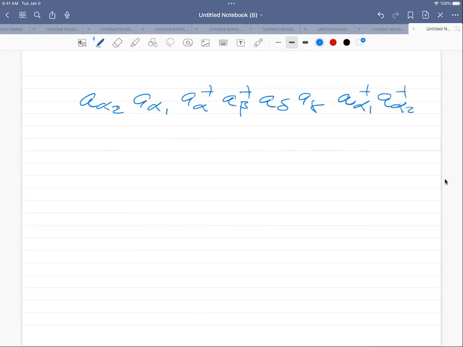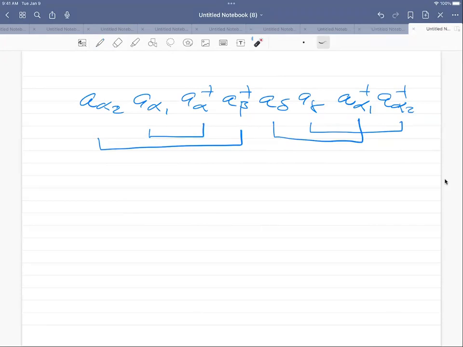So let me keep these 2 guys here. So these are just left like this. But now I let this A gamma go to alpha 2. So that means that I have to interchange the operators. So in order to get these contractions, I need now to interchange A delta with A gamma.